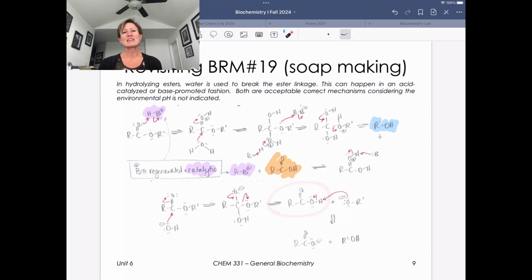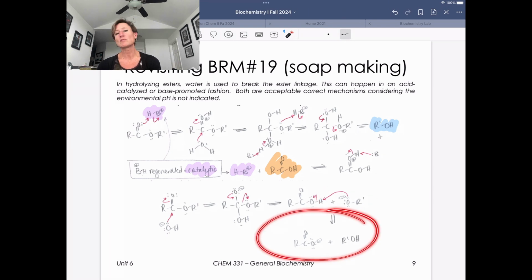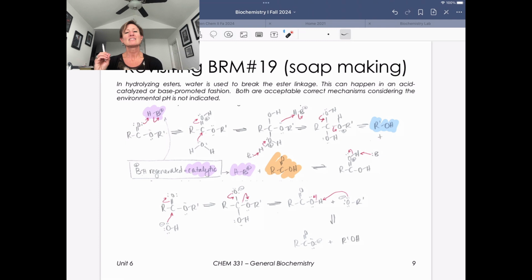If I look at the pKa values, a carboxylic acid with a pKa of 3 to 5 is much more likely to be deprotonated. And my alkoxide, which is the deprotonated form of an alcohol with a pKa of 15 to 16, is much more likely to be found in its protonated form. So a little bit of proton rearranging ends up with these species in their proper protonation state.